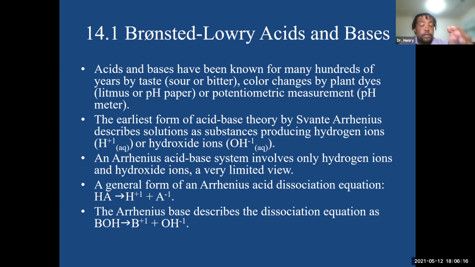Now, this dissociation has always been thought of as complete, hence the arrow only goes in the forward direction. Arrhenius also defined his base the same way, so strong bases also dissociate completely. You end up with your metal ion and the hydroxide ion.